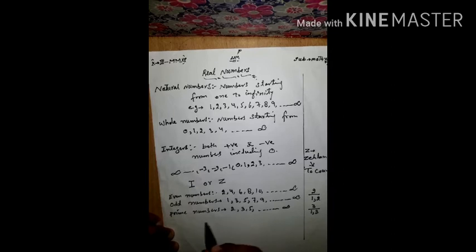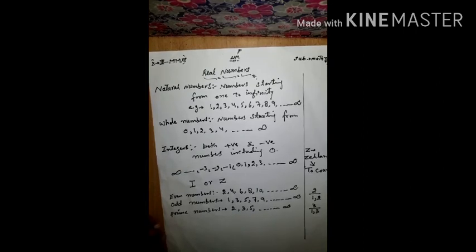I repeat, those numbers having only 2 divisors, that is, they can be divided by 1 and itself, are called prime numbers. And 2 is the only even prime number and is the least prime number, and the largest prime number we can't say. It is up to infinity.